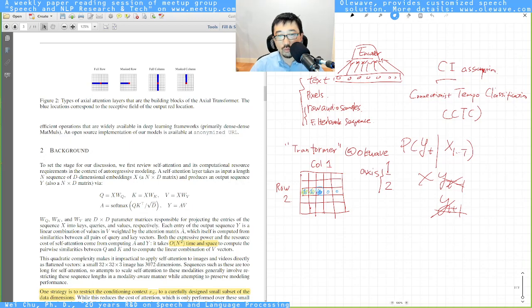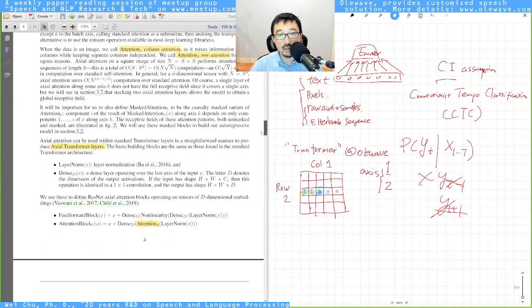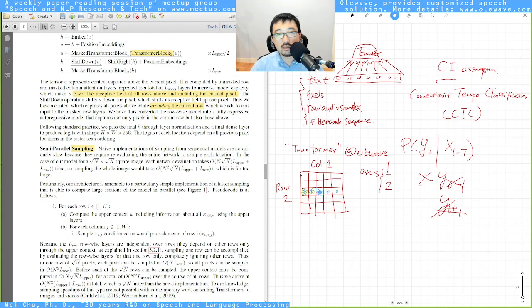You may ask why it's only the left part or the top part. I think they also mentioned in the paper, it's called raster scan. This is new to me. They're doing this raster scan ordering. What does that mean?